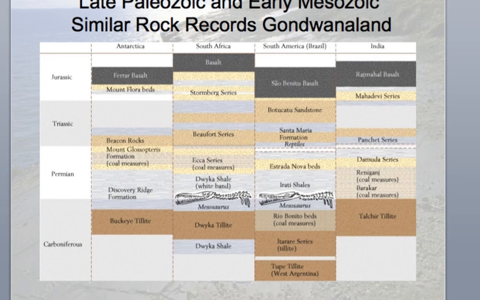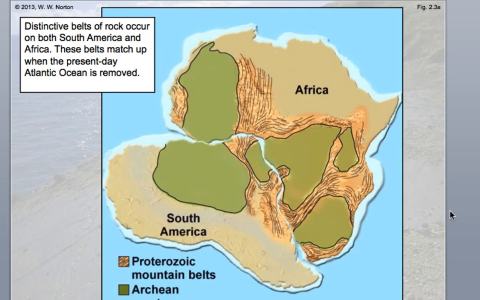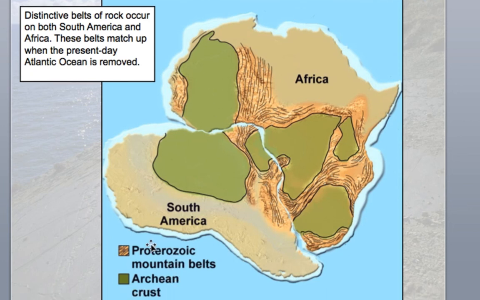And then the other piece of evidence were the distinctive mountain belts. You have mountain belts that trend from Africa into South America, and you can link up. We haven't talked about these terms here. Archean is one of the earliest eons of geologic time. It's basically the earliest Earth, a time when the first rock started to form as the molten Earth cooled enough and finally started forming rocks.